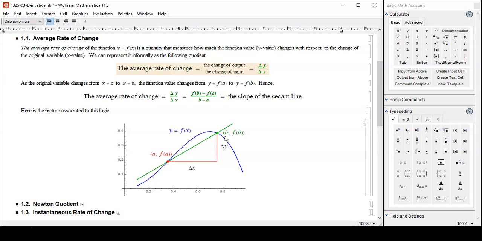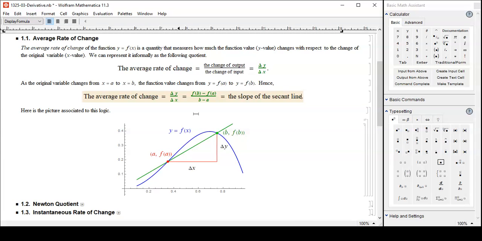So the difference of y coordinate is f of b minus f of a, that's the numerator, and the change of x coordinate is b minus a, and that's the denominator. So this quantity here, f of b minus f of a over b minus a, is the average rate of change, delta y over delta x, equivalently speaking, or slope of the secant line, again, equivalent expression.